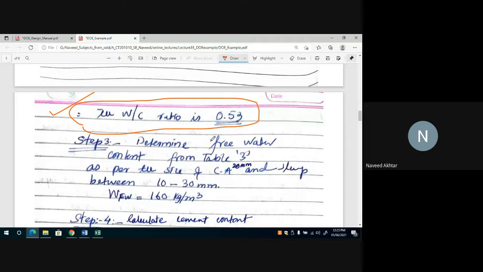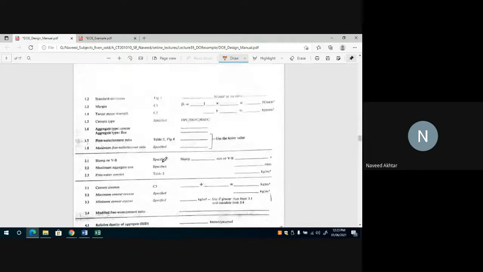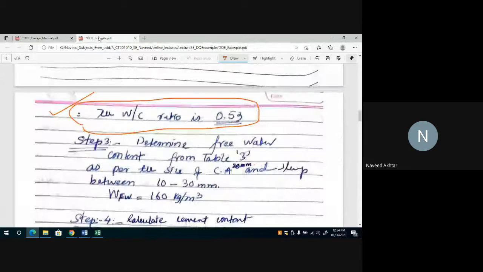So for the exposure condition, the water to cement ratio is given, and that is nothing but 0.65 in this case. But the water to cement ratio we found on the graph is nothing but 0.53, that is much less than 0.65. Hence we adopted the water to cement ratio of 0.53.